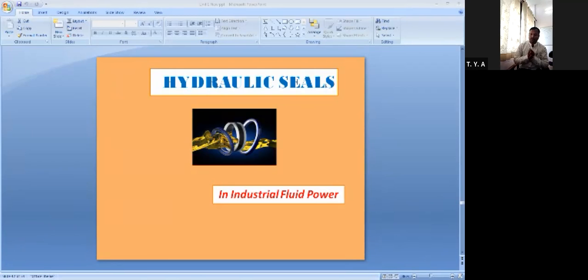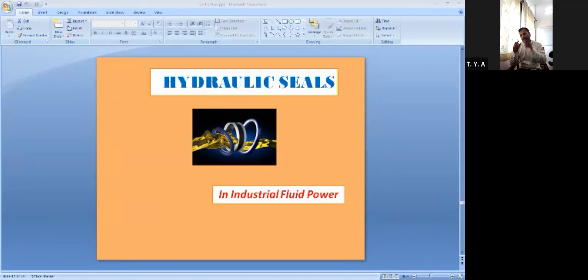Again, minor internal leakage is observed around the piston in a double acting cylinder. A cylinder is a hydraulic actuator.